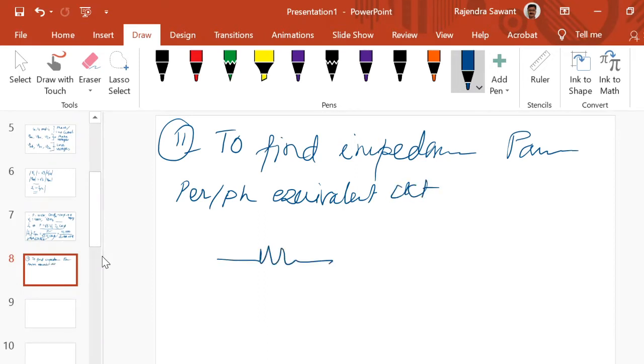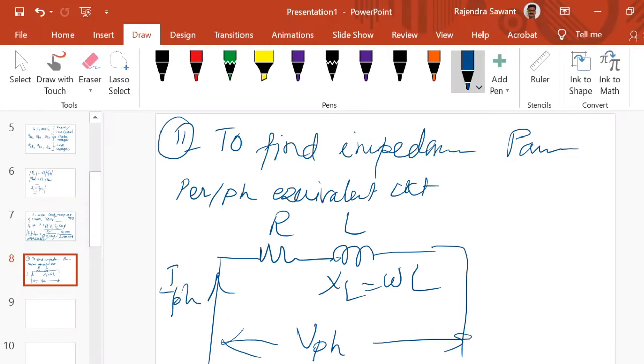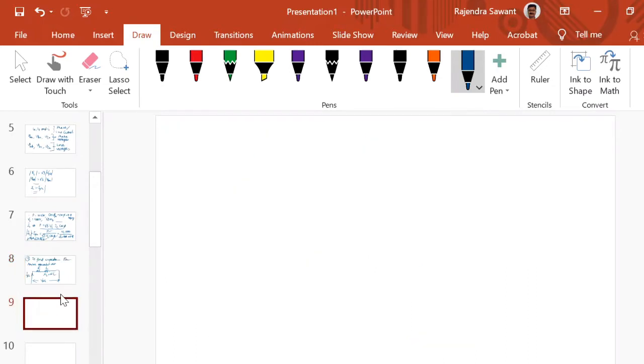A resistor and an inductor, whose reactance is XL equals omega L, and we are exciting this particular branch by VPH, the phase voltage, and the current which is called IPH.